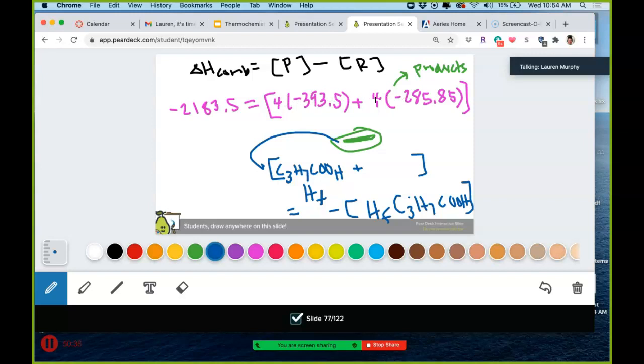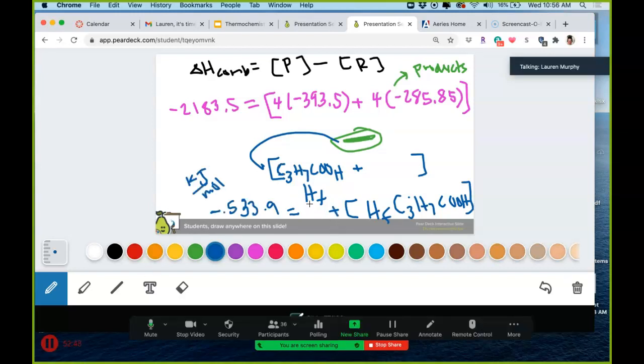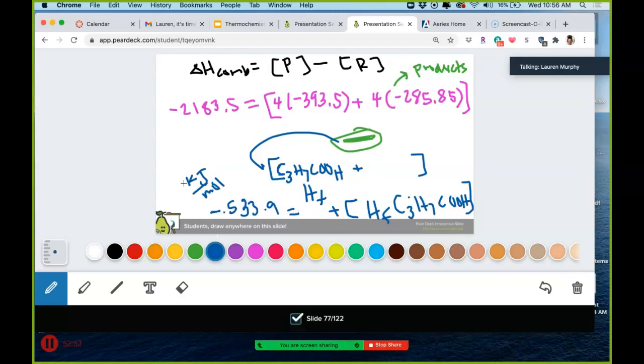So this times this, plus this times this, and then you subtract that from both sides, or add the negative, whatever it is. So, oh wait, I'll let you guys calculate it out. Again, please be practicing in your calculators. So again, negative 533.9, or the opposite side came over, kilojoules per mole.